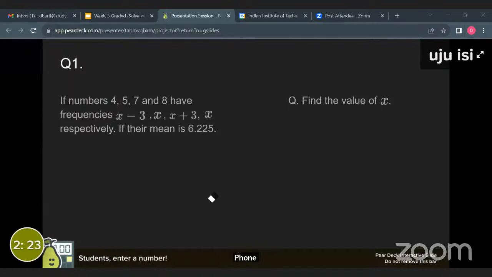In the data set, the data will be like 2, 2, 2, 8 times. So this is the way you calculate mean: you just add up all the given data points divided by the total number of data points. When frequency is there, it looks very easy to read that data. Otherwise, if the data is given like 2, 2, 2, then you have to count that. So frequency is that only: how many times number 2 is there?